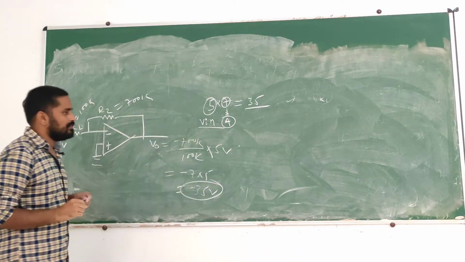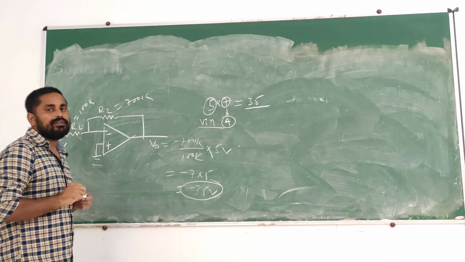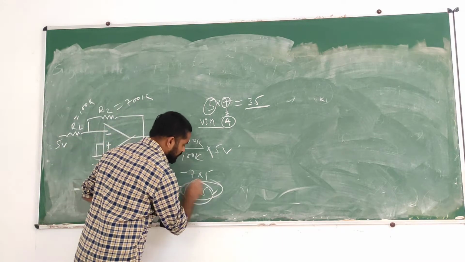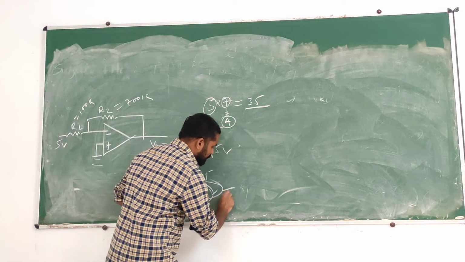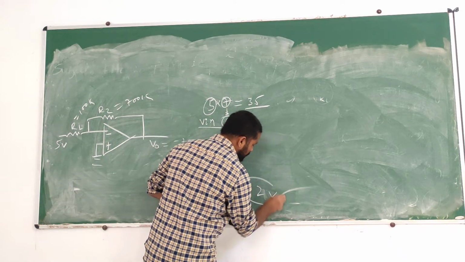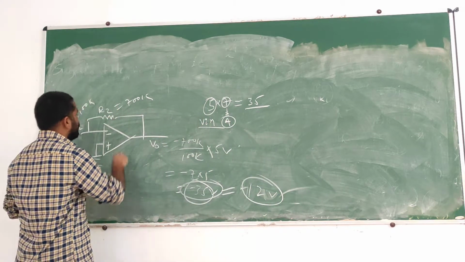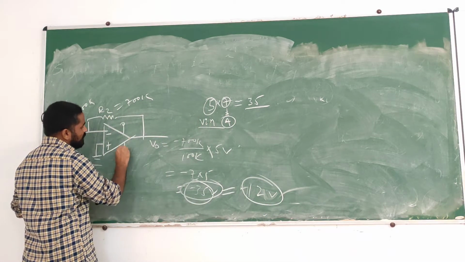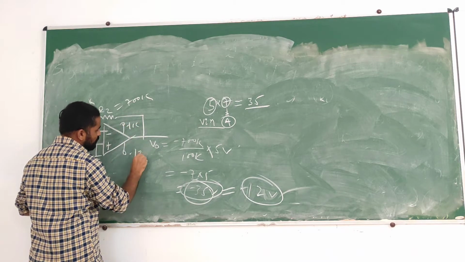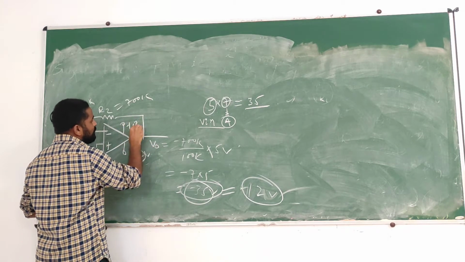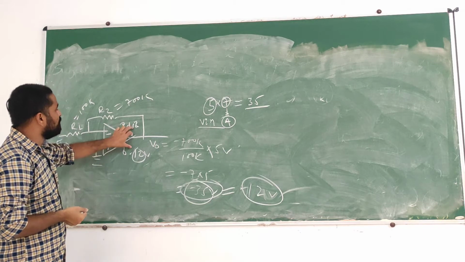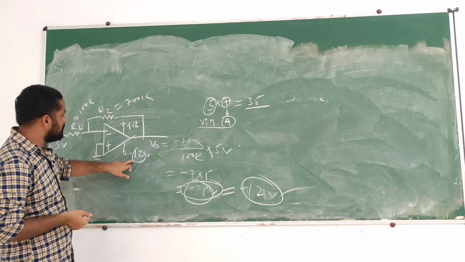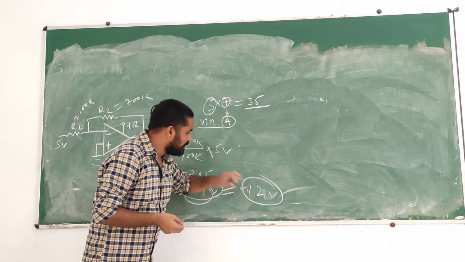This is the answer we must get, but what will happen? We are not going to get minus 35 volt. What we will get is minus 12 volt, because this op-amp is biased with only plus 12 and minus 12 volt. So it will automatically stop at the biasing voltage. The least biasing voltage is minus 12, so you will get minus 12 volt.